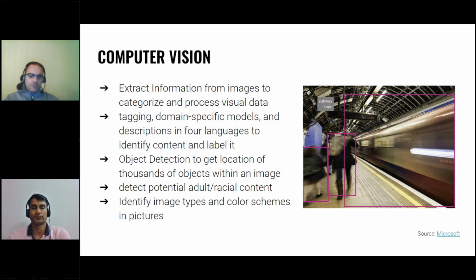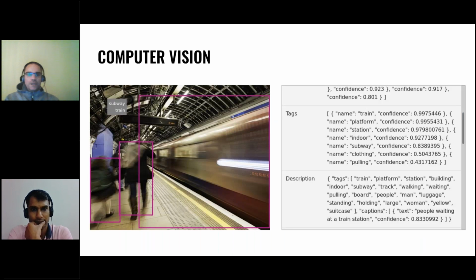That's important if you're, for example, running a social service or a media outlet. It can also identify image types and color schemes in pictures. So you can get this view here. This is a JSON script that provides all the information on this specific picture that was captured.